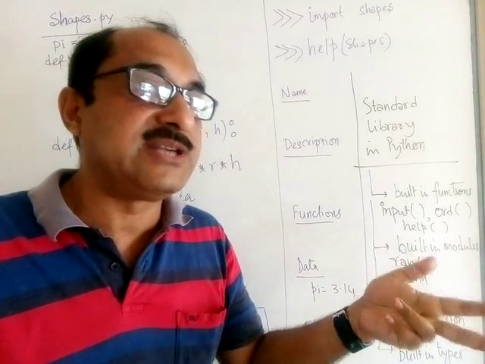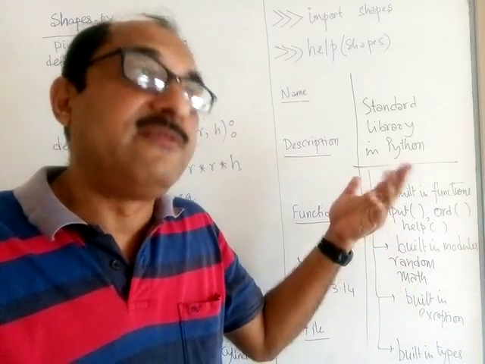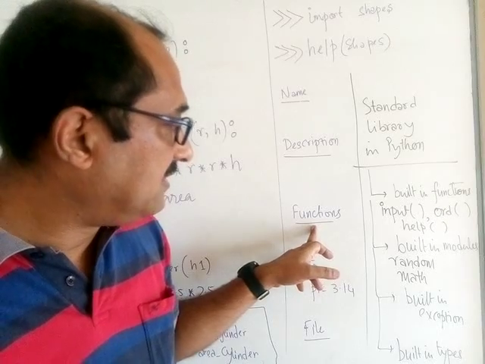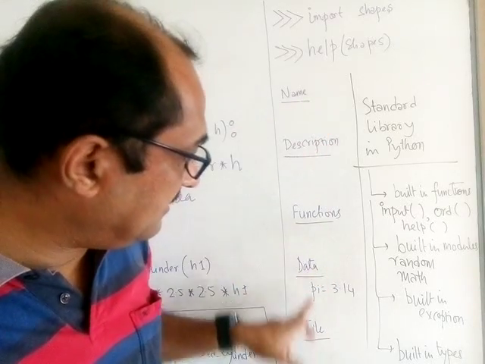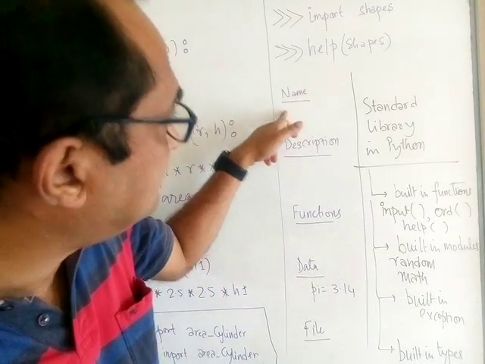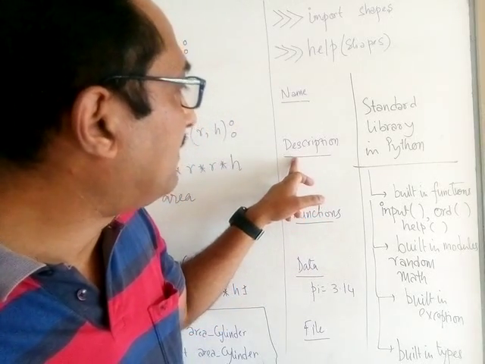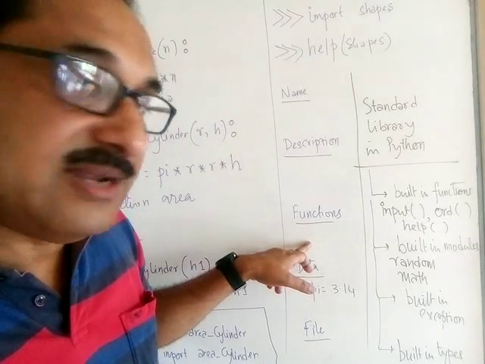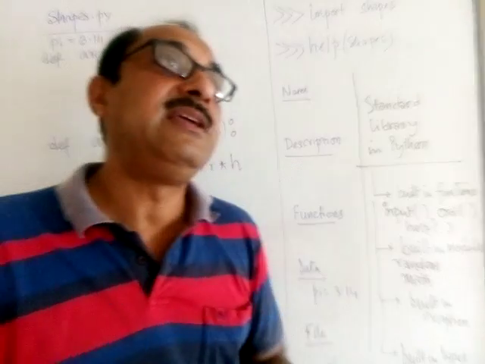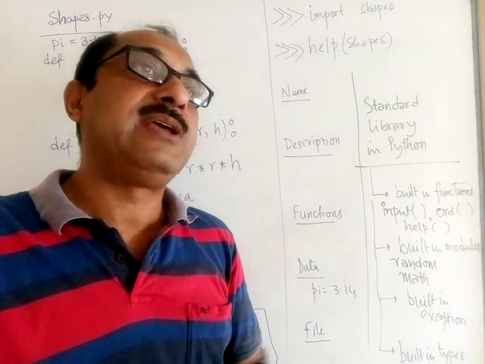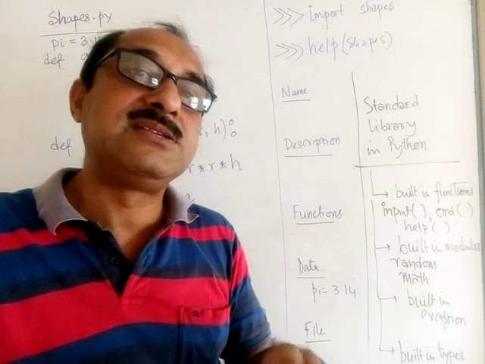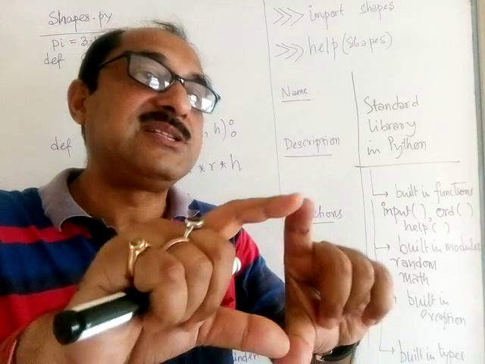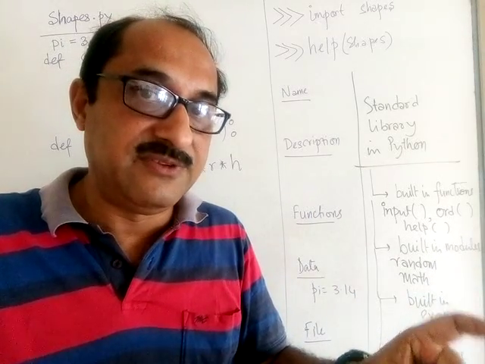Then it shows the structure of a module, that is how many functions are there, and it shows the description. Even if you want, you can use the help function in connection with a simple function also. That is also possible. In that case, it shows just the structure of the function.